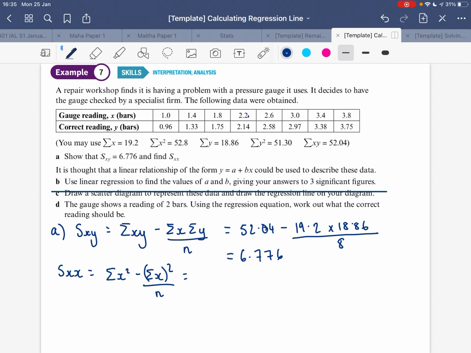Sum of x squared is 52.8 minus 19.2 squared divided by 8, which is 52.8 minus 19.2 squared over 8, which is 6.72.